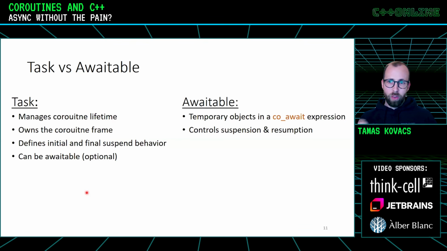On the other hand, an awaitable is usually just a small temporary object used in a co_await expression. Its main job is very simple: it decides whether to suspend, how to suspend, and how to resume a coroutine. So conceptually, the task is a manager, while the awaitable is just a suspension mechanism, nothing more.